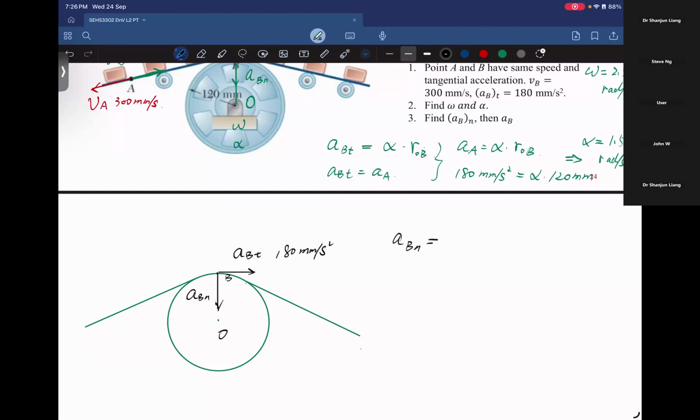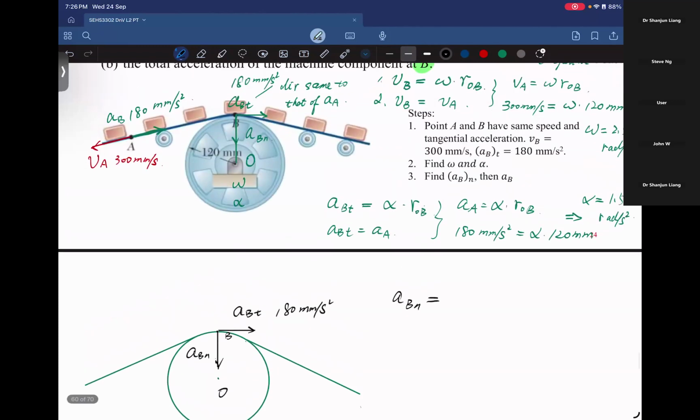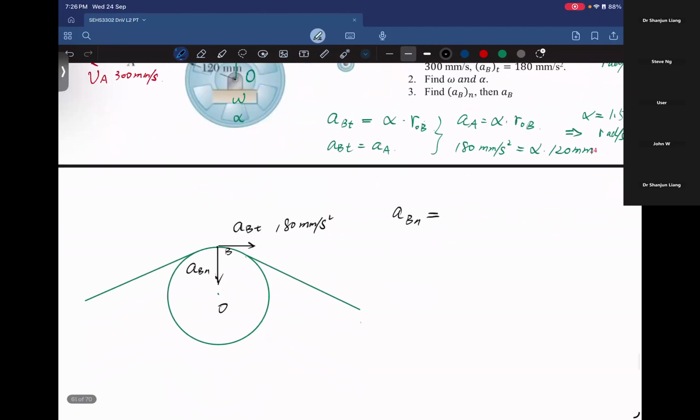ABN actually is easier to find. We just substitute into the formula: omega squared times ROB. So omega squared is 2.5 squared, and ROB is 120 millimeter.